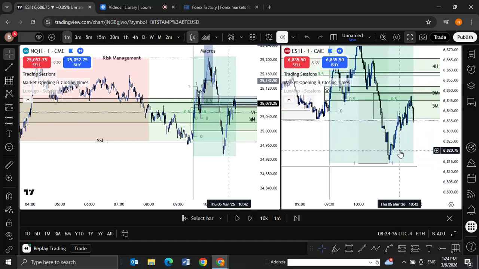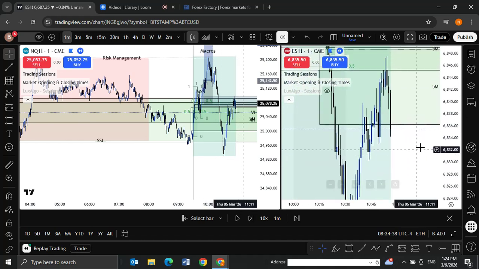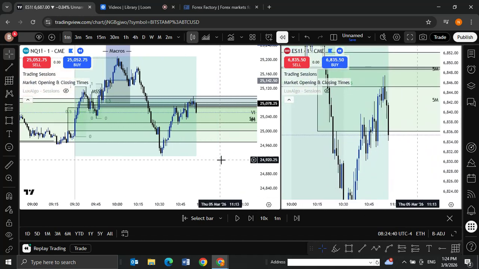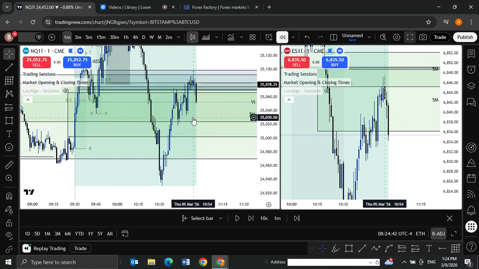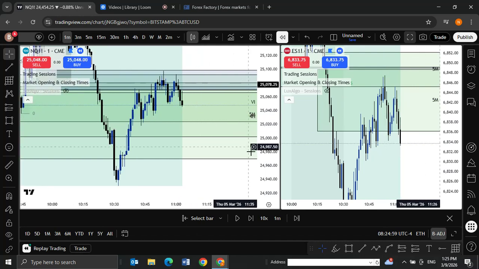So ideally, I'd like to enter following the market structure shift, which is here. So if I see one more displacement, price comes back, nice. The market structure shift? Yes, we have a market structure shift at this point.